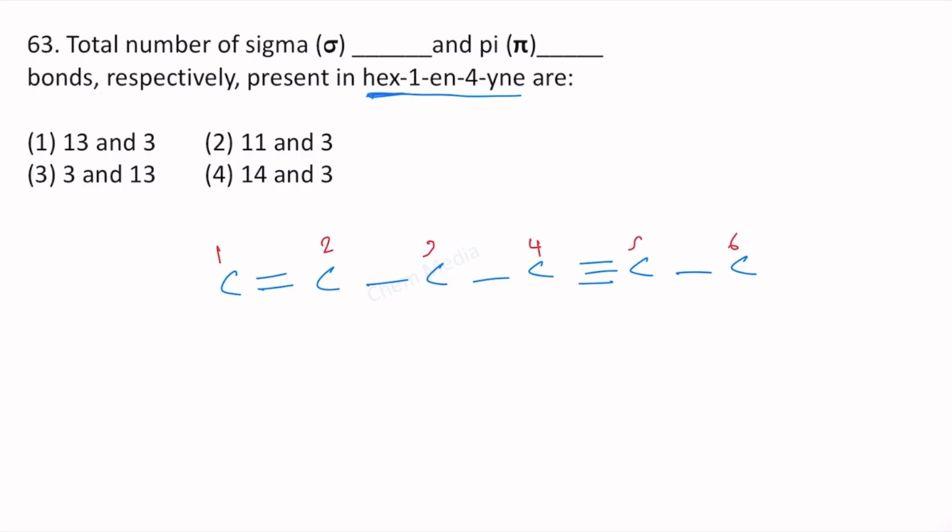Let's fill the hydrogens to satisfy the valency of carbon. We have 3 hydrogens here. We have 2 hydrogens here. We have 1 hydrogen at 2 position, 2 hydrogens at 1 position. Therefore, we have 8 CH bonds.